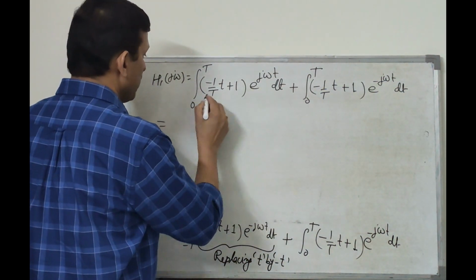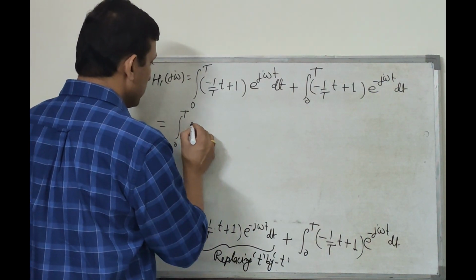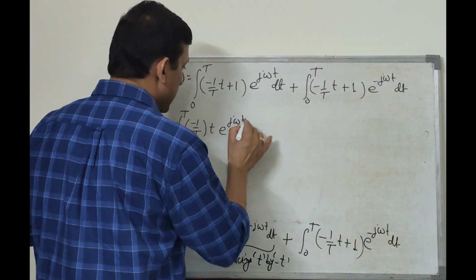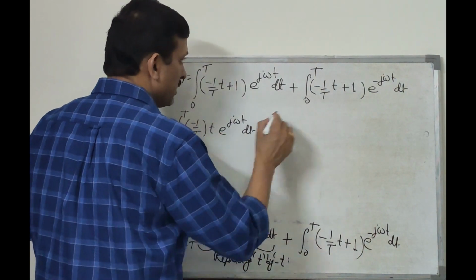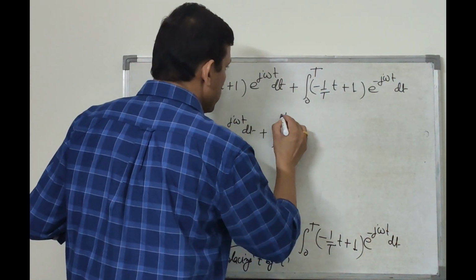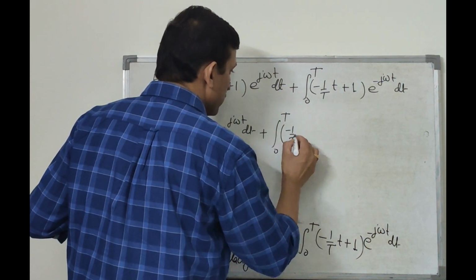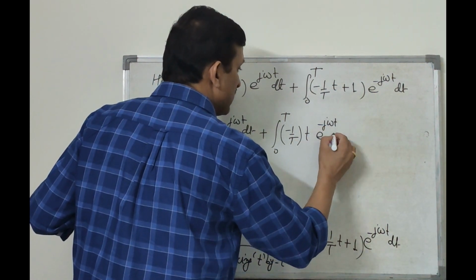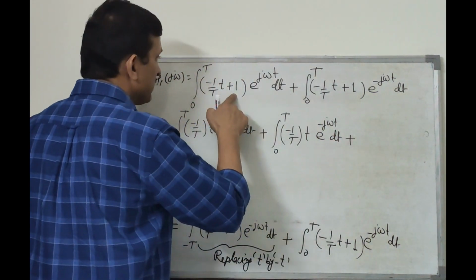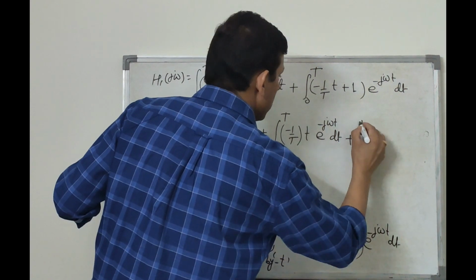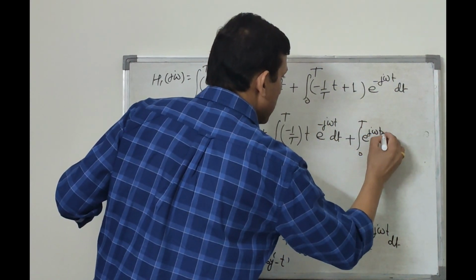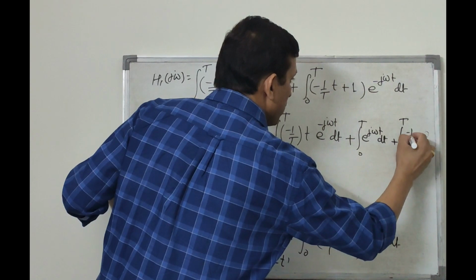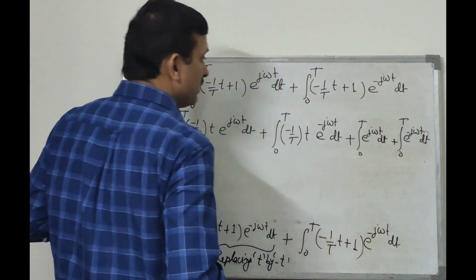Here we can write the integral from 0 to T of minus 1 upon T, t e to the power j omega t dt, plus the integral from 0 to T of minus 1 upon T, t e to the power minus j omega t dt, plus the integral from 0 to T of e to the power j omega t dt, plus the integral from 0 to T of e to the power minus j omega t dt.